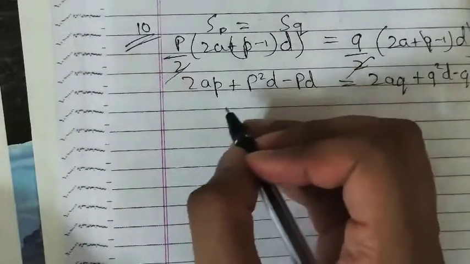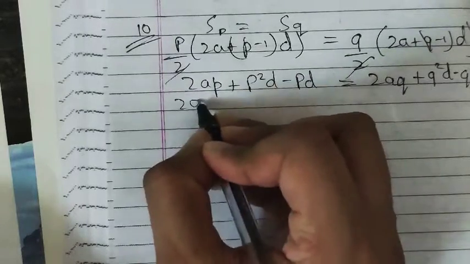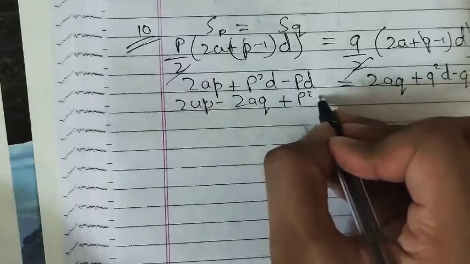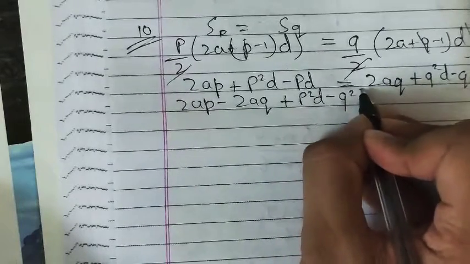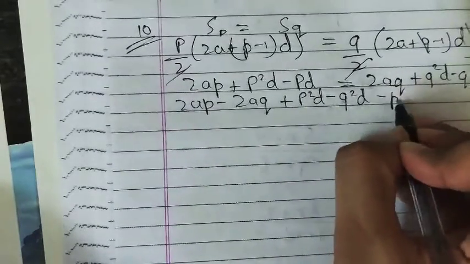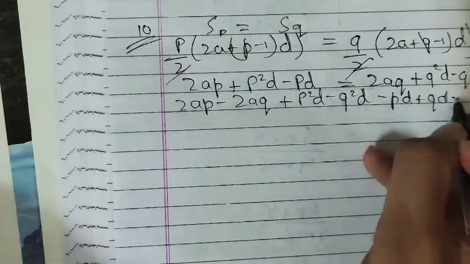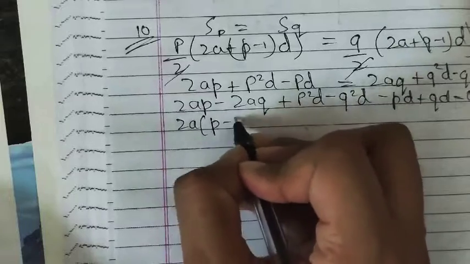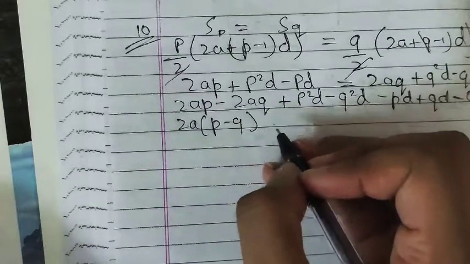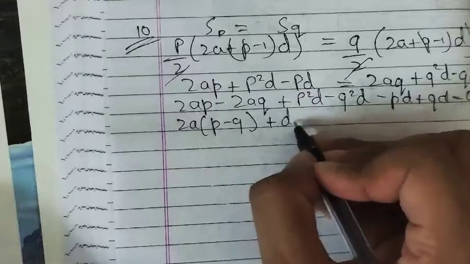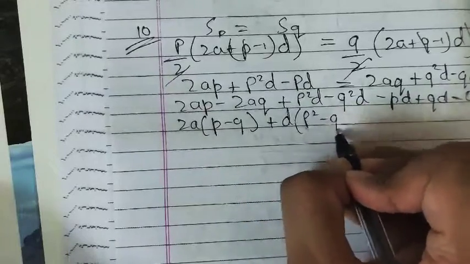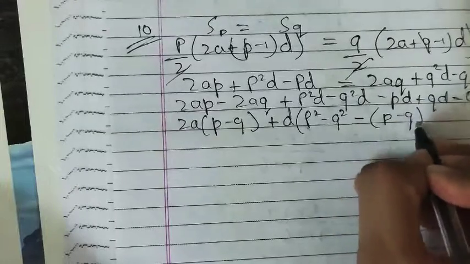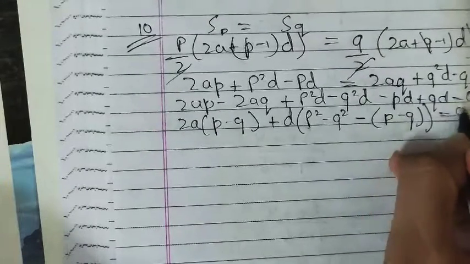Taking everything on left hand side, so 2ap minus 2aq plus p square d minus q square d minus pd plus qd is equal to 0. Now taking 2a common, p minus q, right, plus d common, so p square minus q square minus p minus q, right, is equal to 0.